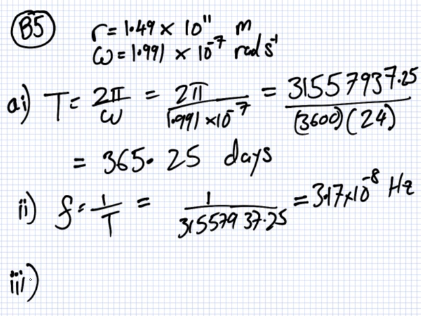T squared equals, and then what? Where is the M? M down in there. Is it, or is it top? Not top. Are you sure? Maybe the M is with you. T squared, M over R. Isn't it?